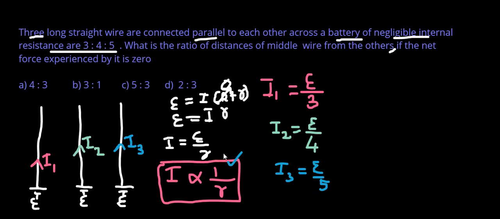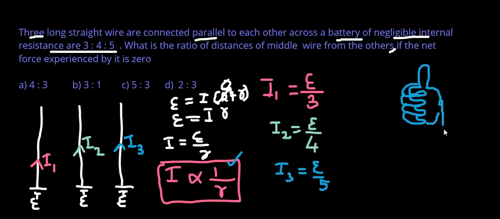Whenever current flows through a wire, a magnetic field forms around it according to the screw cork rule, or commonly the right hand thumb rule. When you close your right hand like this, these are your four fingers and this is your thumb.